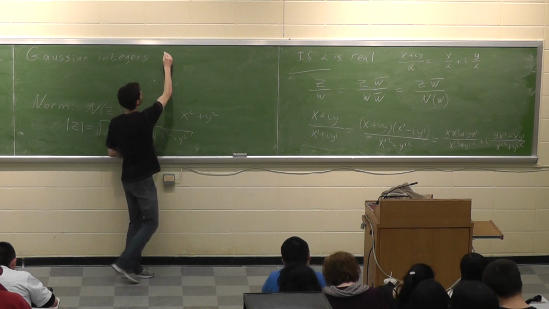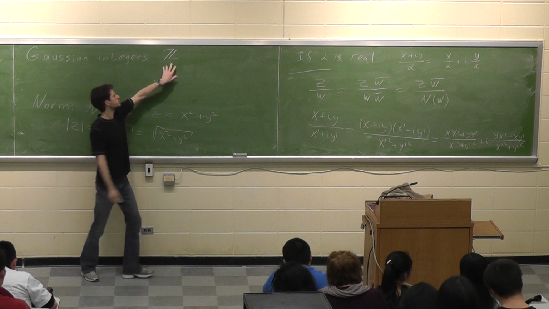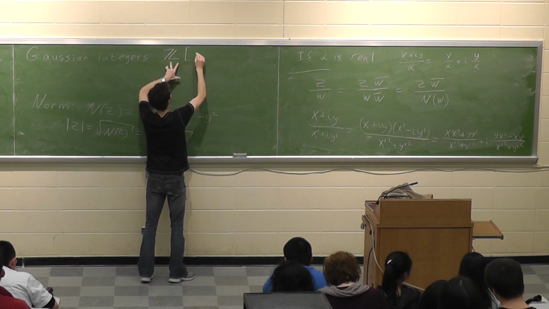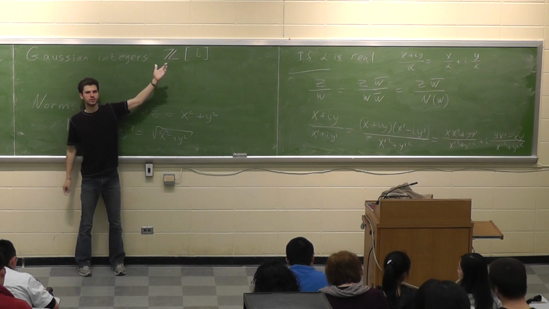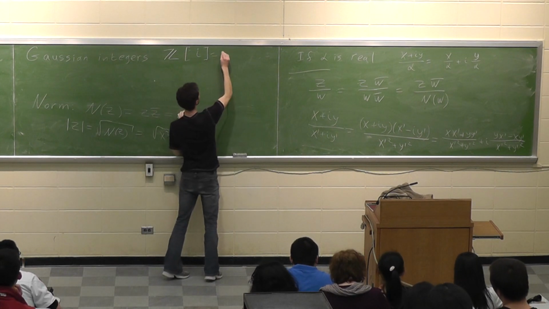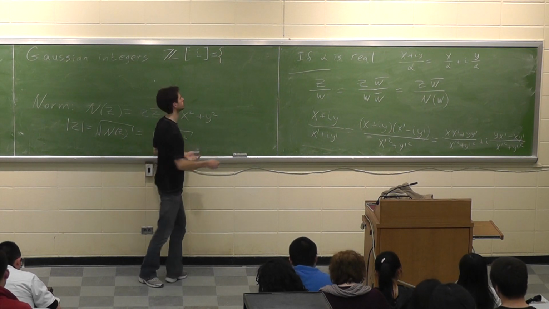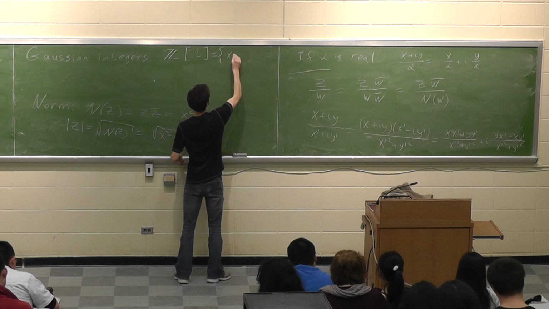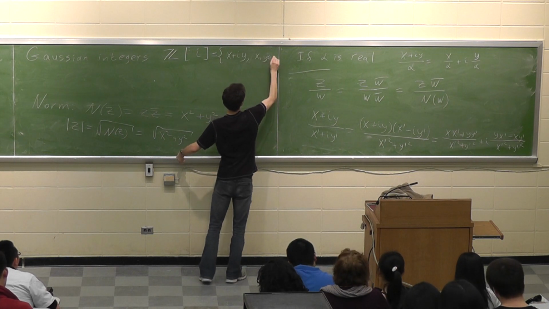The notation is like this. It's the usual integers and brackets, where i is adjoined to them. So it's read as integers with i adjoined. It's just the following thing. It's complex numbers with integer coordinates. It's x plus iy with x and y integers.